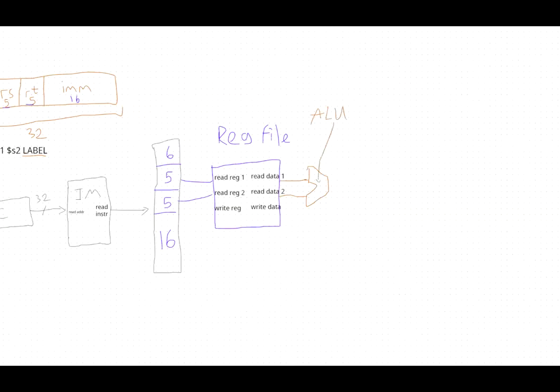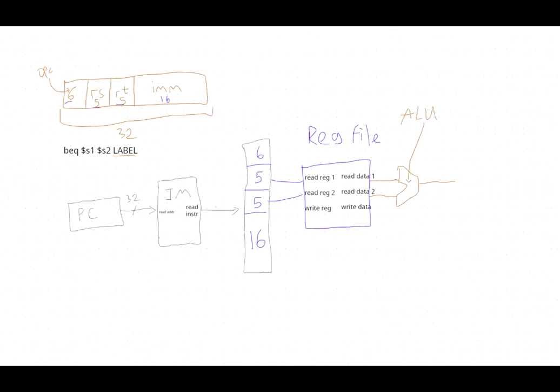Let's label the lines. This instruction over here is going to be 32. These are going to be 5 and 5. Out here is going to be 32.